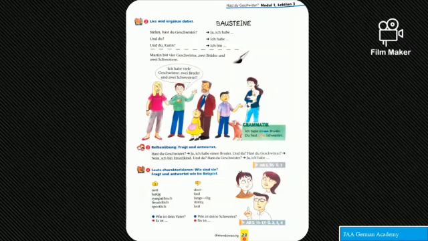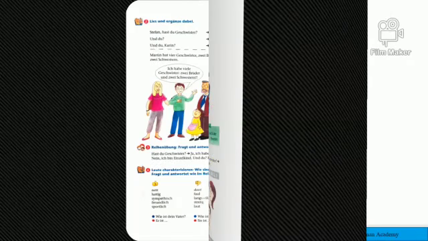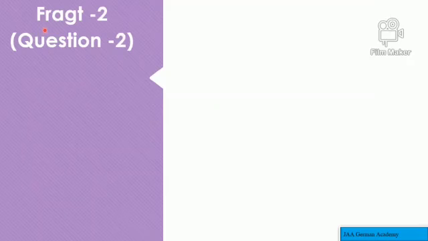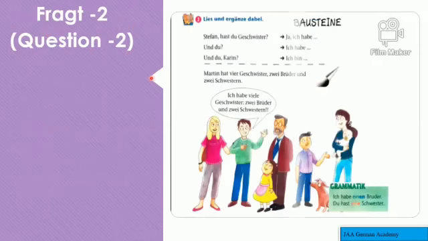So this is the second page of the exercises of this chapter. Frage 2, question 2. So question 2 is, lies und ergänze dabei.